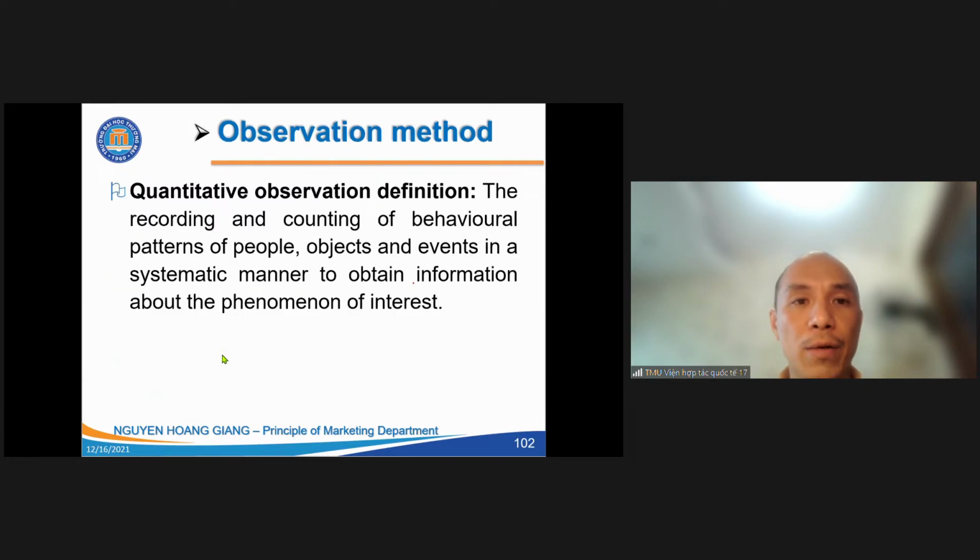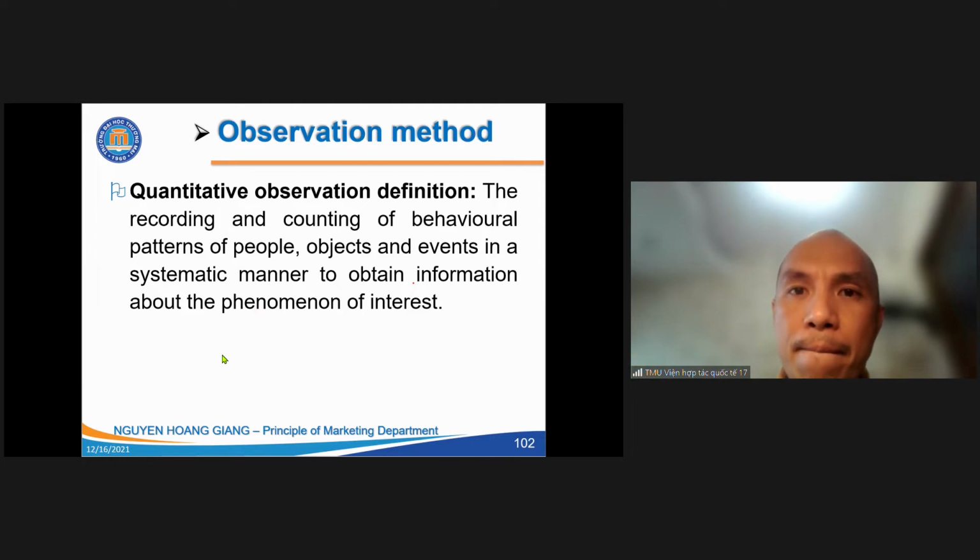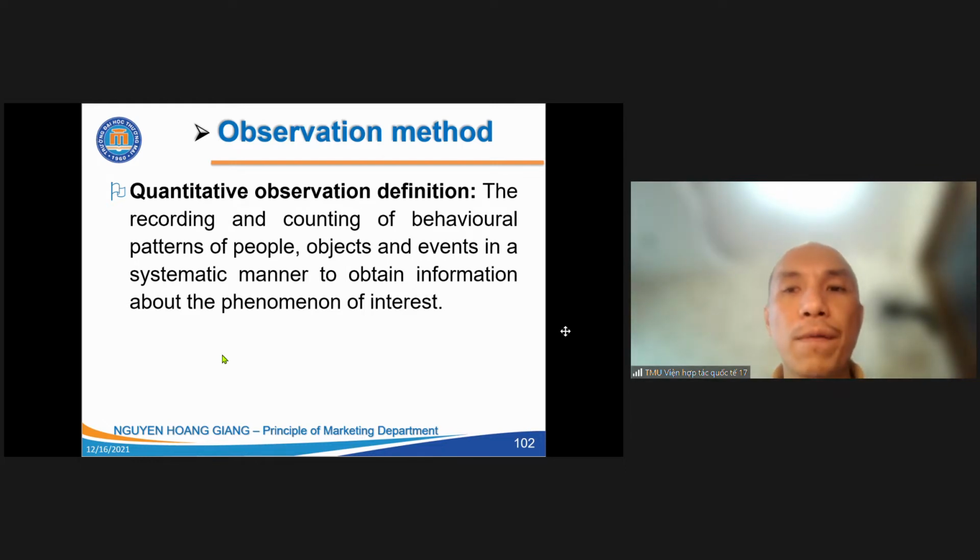And the second one is about the observation methods. The quantitative observation definition is the recording and counting of behavioral patterns of people, objects and events in a systematic manner to obtain information about the phenomena of interest.